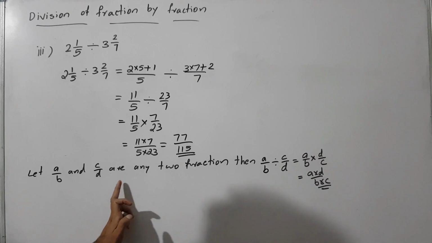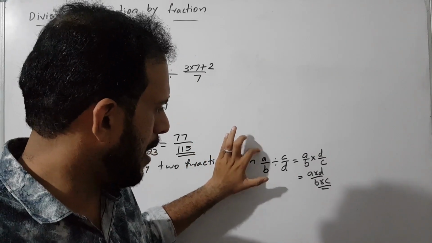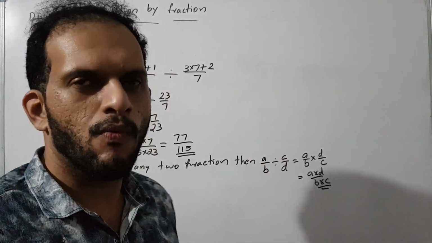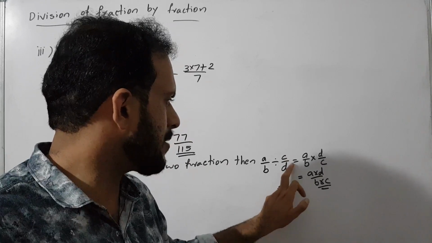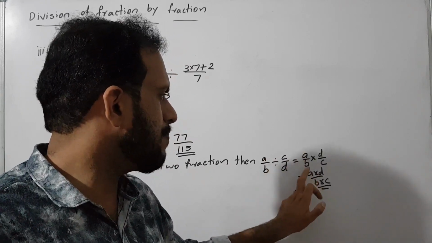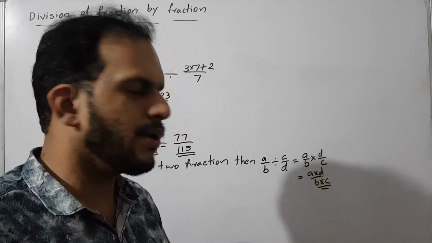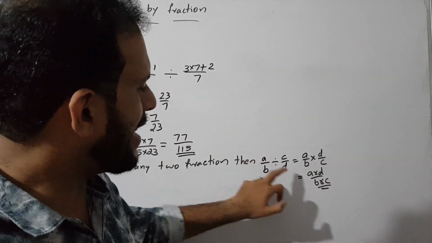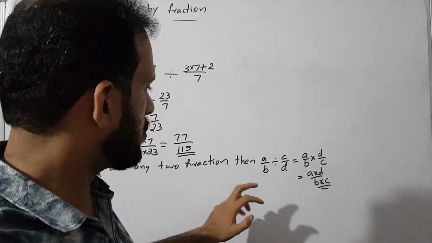What is the general idea of the division of two fractions? A by B and C by D are any two fractions. If we divide the two fractions, what is the idea? We multiply the first fraction by the reciprocal of the second. A by B into D by C is equal to A into D by B into C. If we use the idea directly like this, it is also correct. Then we reduce the steps like this.